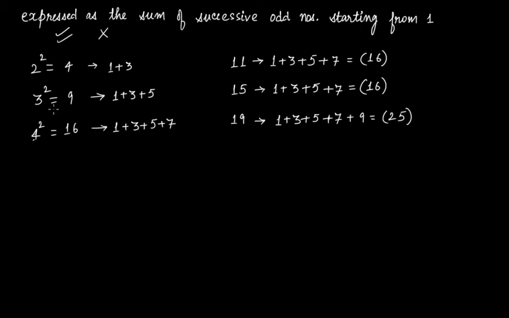So clearly we can see a pattern: if you can express a number as a sum of successive odd numbers starting from 1, then that is a square number, otherwise it is not. So this is one of the ways to tell whether a number is a square number or not. Let's take a number, 55.